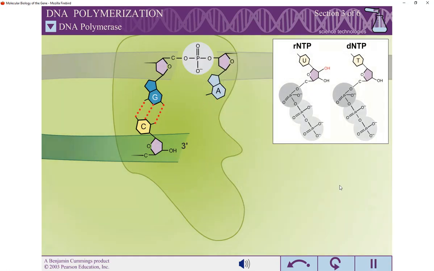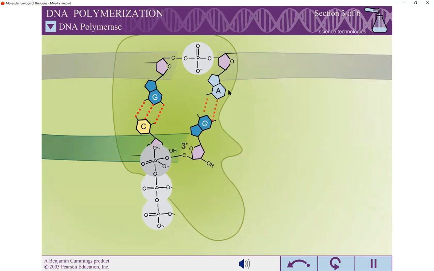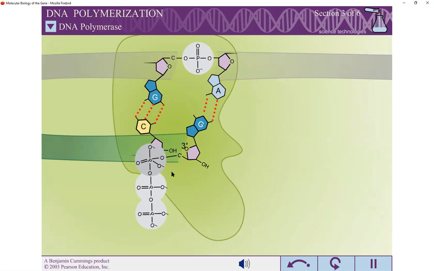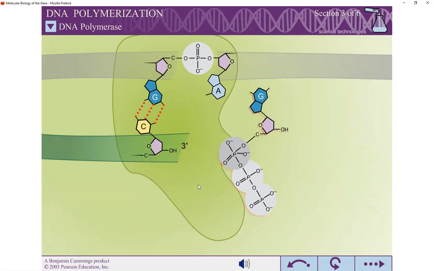Correct base pairing is also required for catalysis. If an incorrect base pair forms, the alpha phosphoryl group of the dNTP cannot properly align with the 3' hydroxyl of the primer strand. There was no proper alignment between the alpha phosphate and the 3' hydroxyl group.